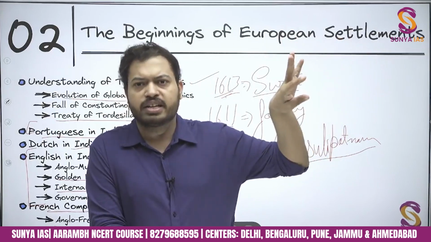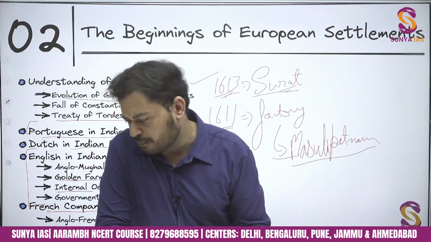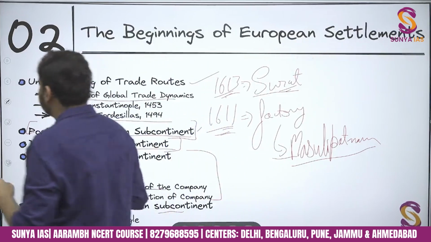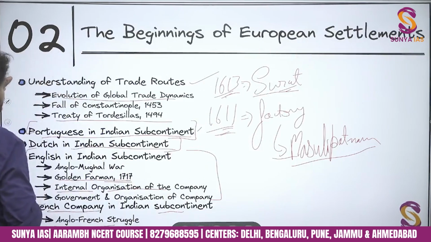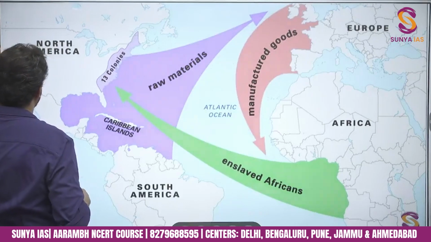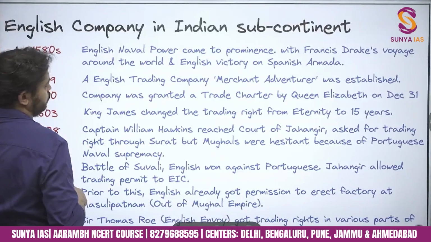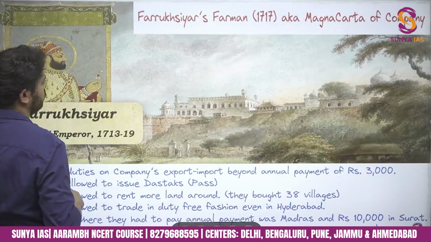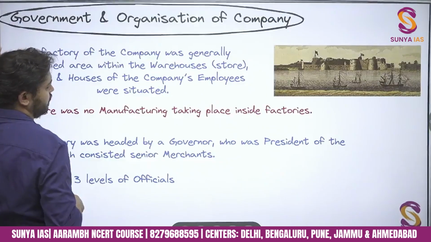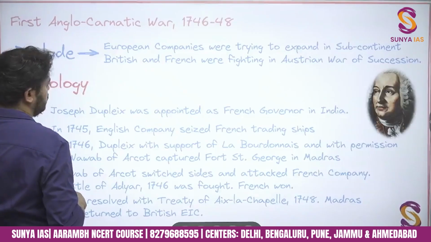The third Carnatic War was left out of the session, and that is something we will discuss, along with its consequences, in this session. I'm not going to go over each and every point again. Please watch the previous lecture.